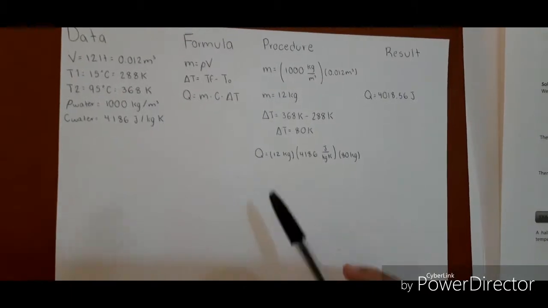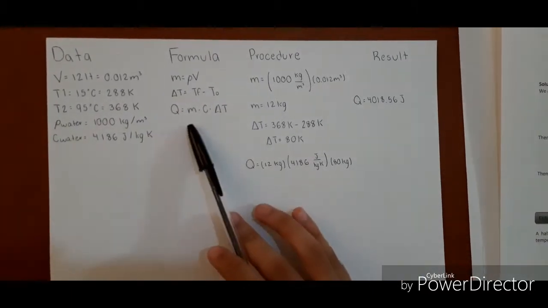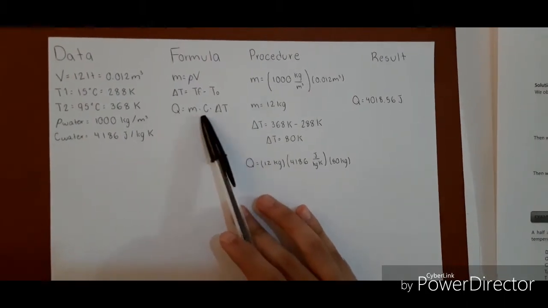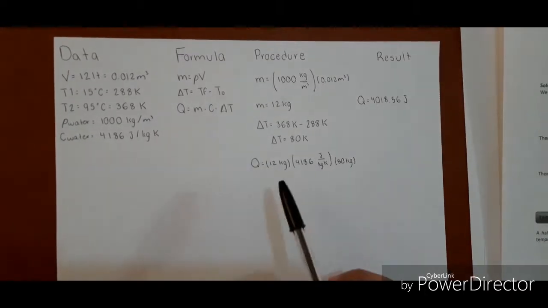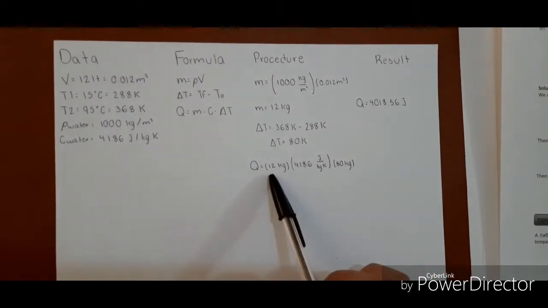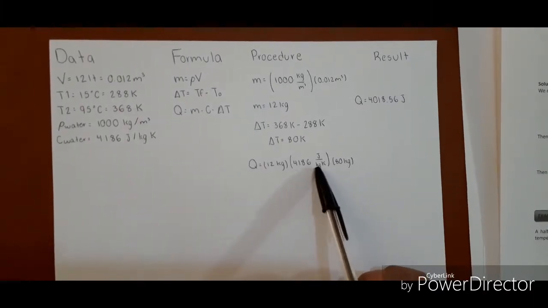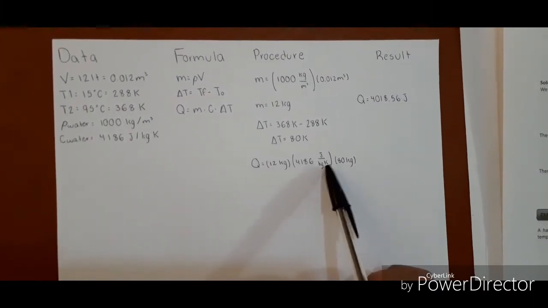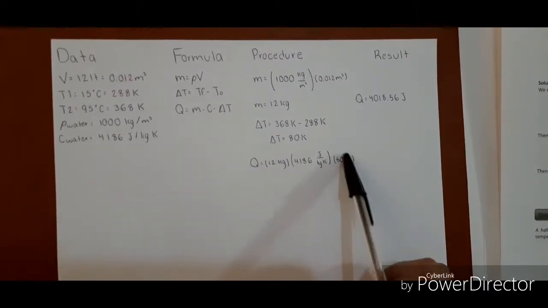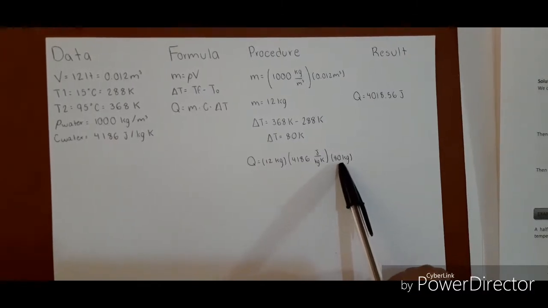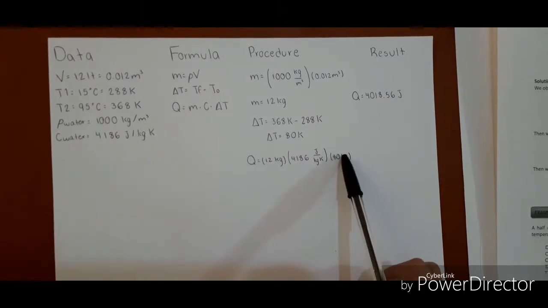Then finally, to obtain the heat that is going to be needed, we need to use this formula, that is mass times specific heat times the temperature change. And here we have the data: 12 kilograms times the specific heat of water, that is 4186 joules over kilograms and Kelvin, times the temperature change, that is 80 Kelvin.